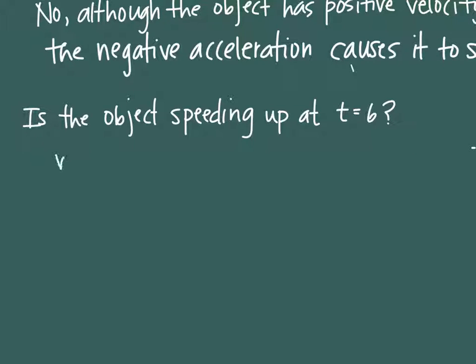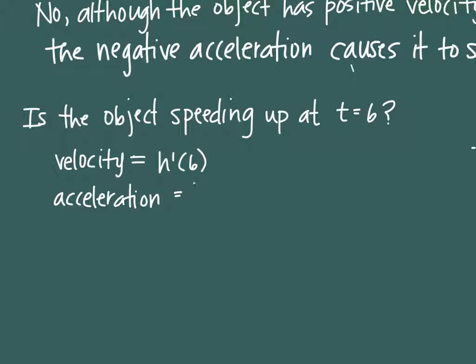And so we want to figure out what the velocity is at time 6. We want to figure out what the acceleration is at time 6 and see how we would answer that. So the velocity will be h prime at 6. The acceleration will be h double prime at 6. H prime at 6 is negative 32 times 6 plus 160.